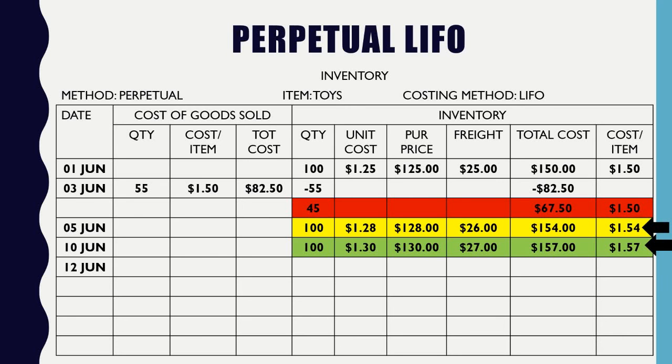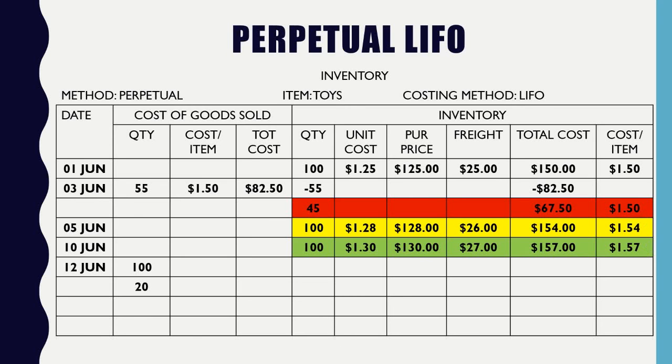Now let's look at how much we need to sell. We need to sell 120. Oh, look, our green batch is exactly 100. So we can take out 100, and we only need to take out the remaining 20 items from batch number 2. So in this case, I'm going to wipe out my green batch right here.